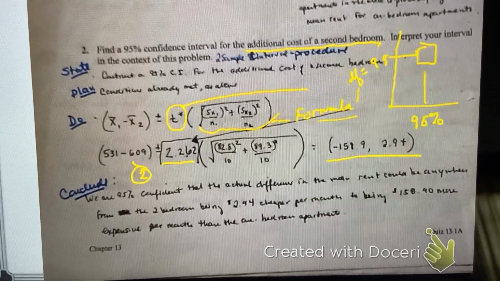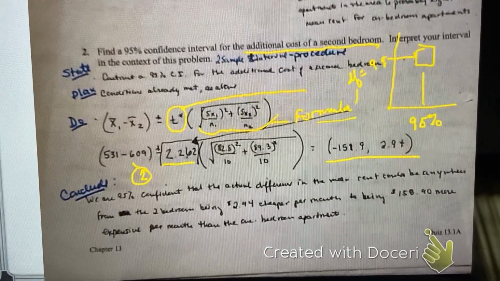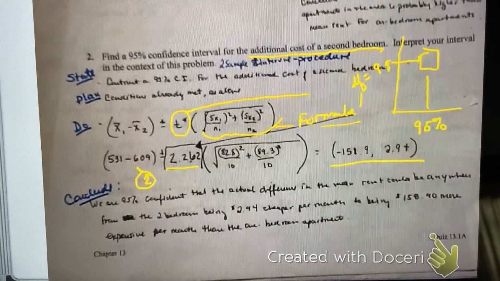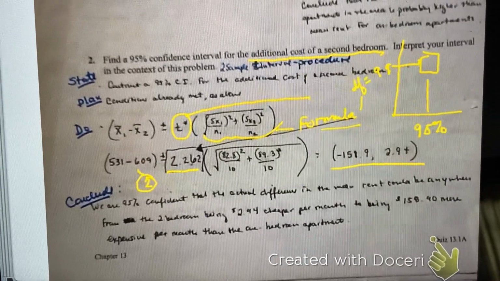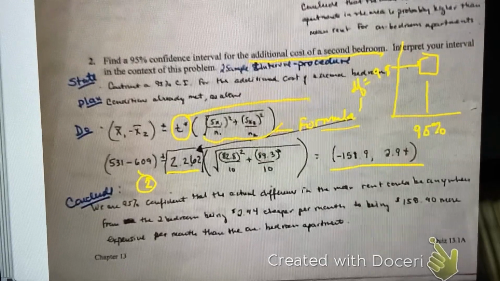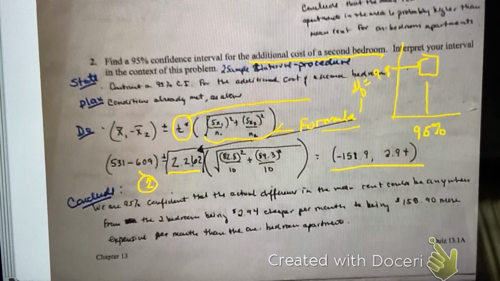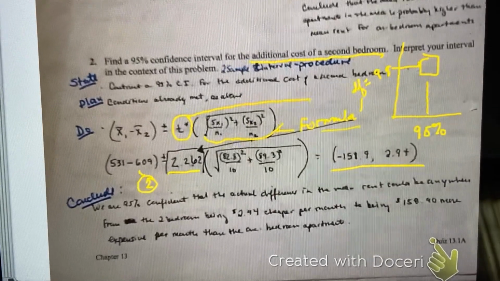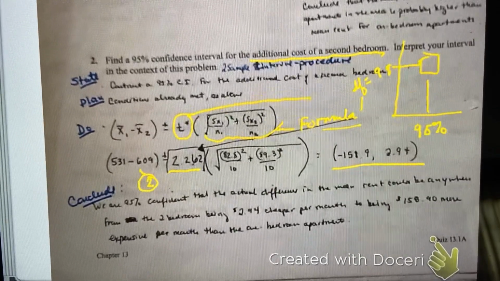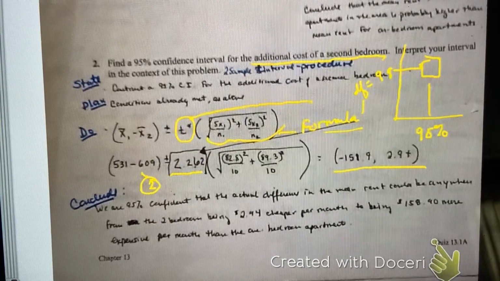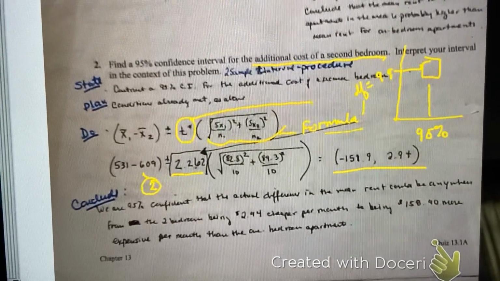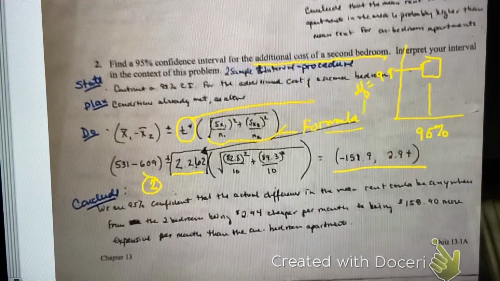That's using the comparison. But do you have to write it that way? No. You can write just, we are 95% confident that the actual difference in the mean monthly rent between a 1-bedroom apartment and a 2-bedroom apartment is between, and you can say this in money-wise, negative $158.90 to $2.94. And just stop there.